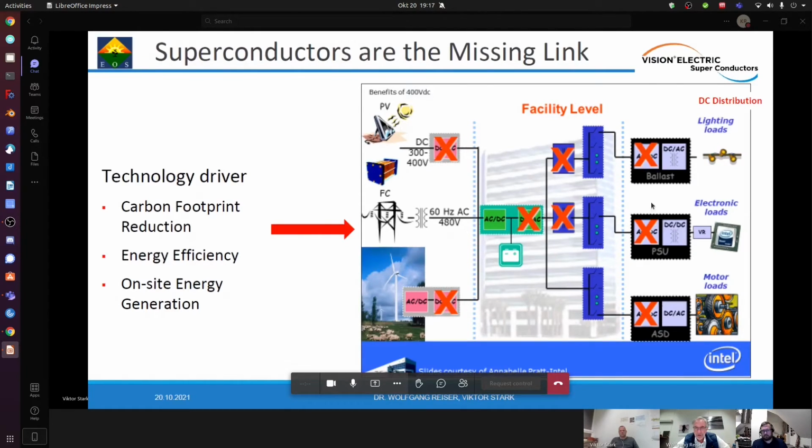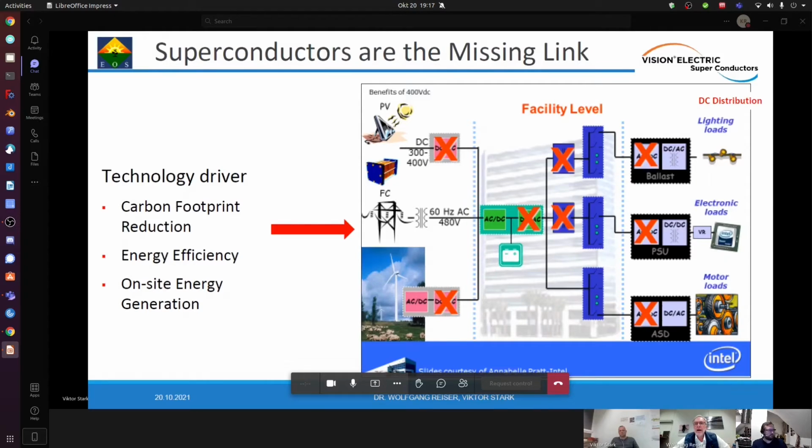During these conversion steps, the conversion units are not running at optimum efficiency, but in most cases at part efficiency, and therefore you have quite high losses in the conversion.